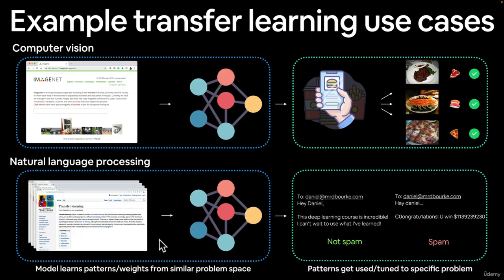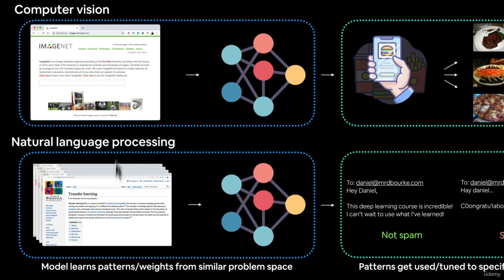But the overall pattern here, the main takeaway from transfer learning is we take what one model has learned on one data set, usually a large data set. The term is pre-train that model on that large data set, such as all of Wikipedia, or such as all of the images in ImageNet. And in fact, there are larger data sets out there now than just ImageNet or all of Wikipedia.